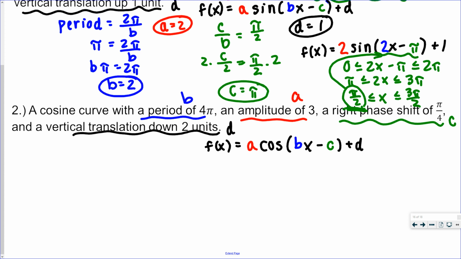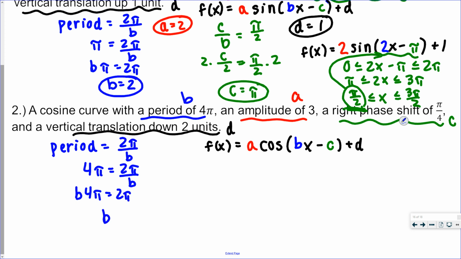So first I know the period is 4 pi. Well, I know my period is 2 pi divided by b. So if my period is 4 pi, I can do a little algebra here. And a lot of you could probably figure out what this is without setting this up, but this works every time.